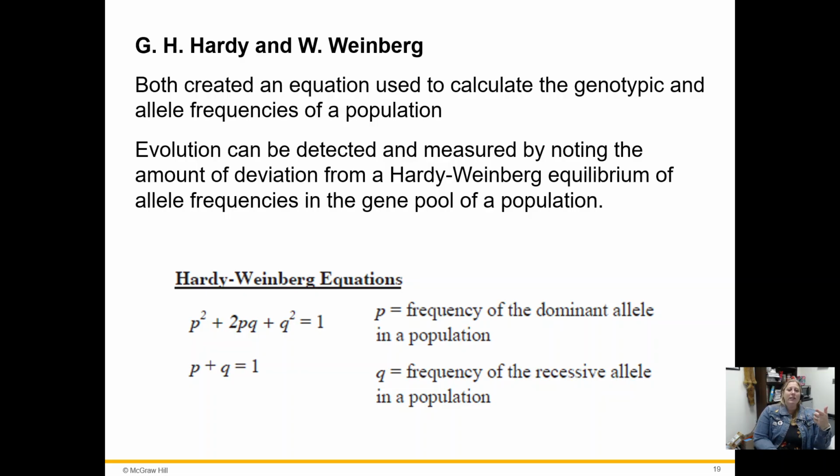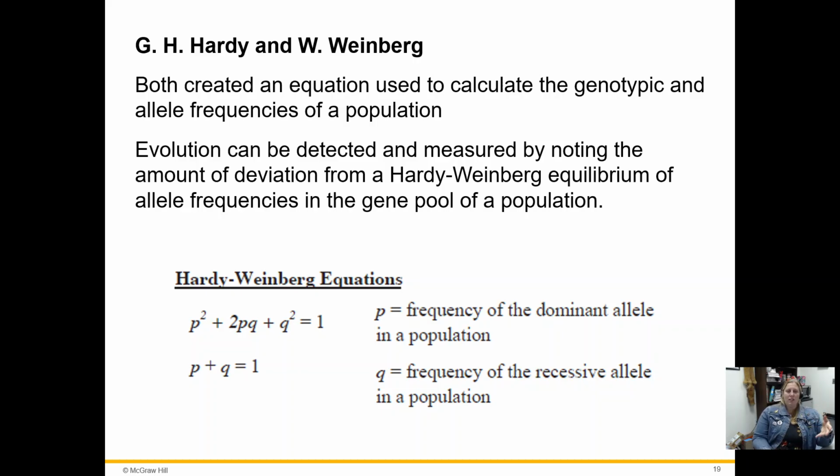I can calculate by counting up the number of individuals in a sample that have the dominant allele, right? Say I'm looking at flowers. I love flowers as an example for this. I have 100 flowers in my hand, and I know that red is dominant to white. If I have red and white flowers, you could count up the number of red flowers and divide that by 100 to determine the frequency of the dominant allele in the population.